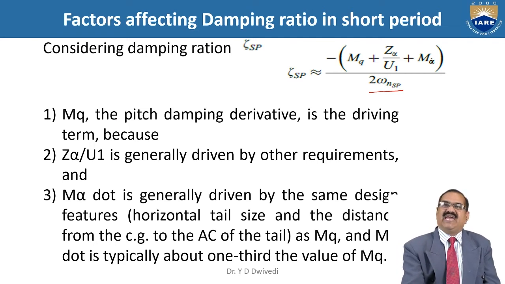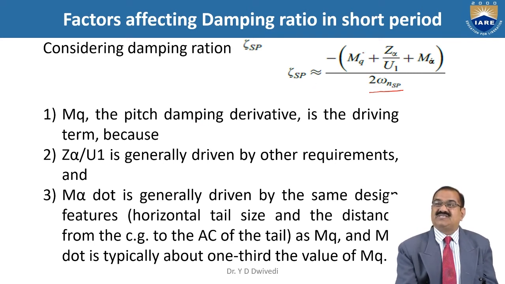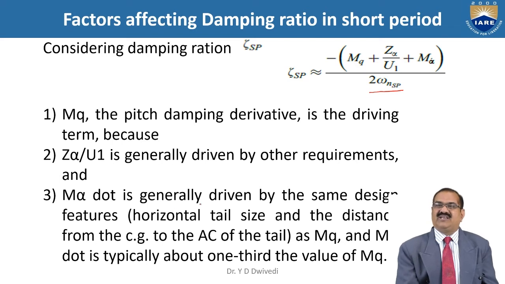Here Mq, the pitch damping derivative, is the driving term, and it is very important. Next, Z alpha by U1 is generally driven by other requirements, and M alpha dot is generally driven by the same design features, that is the horizontal tail size and the distance between the CG and the AC of the tail.